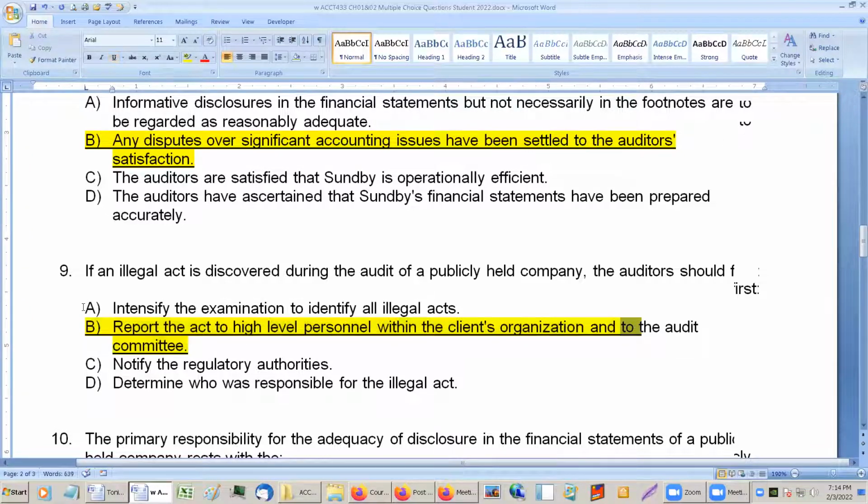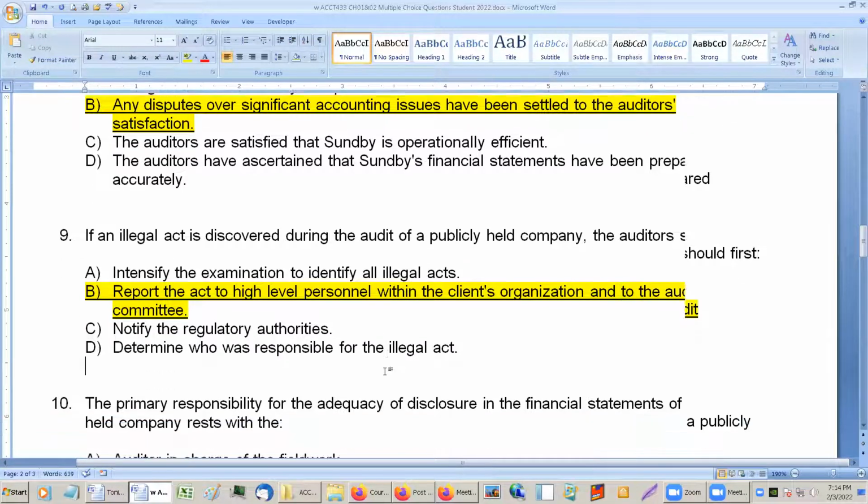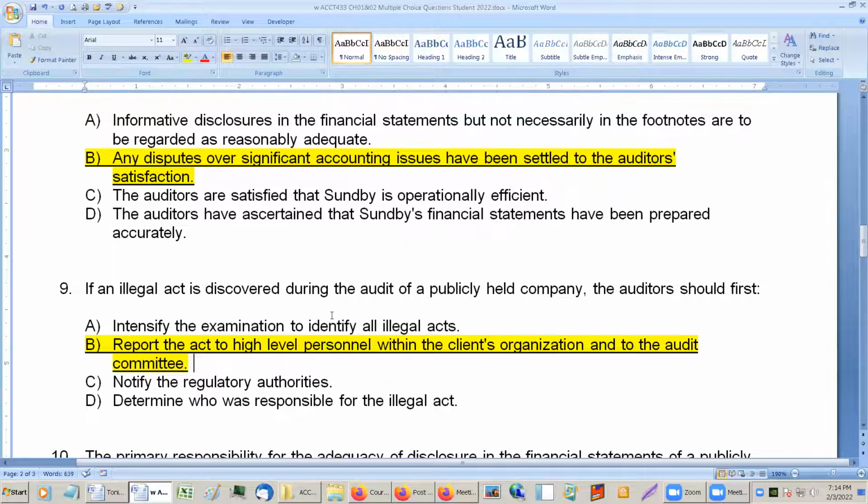And I want to talk about this first one for just a second. You might say, okay, let's look and see if there's more of this going on. How big of a problem do we have? That's not an unusual thing to say. There is a word in A, though, that is a kicker, and it's this: all illegal acts. So do we try to find all illegal acts?